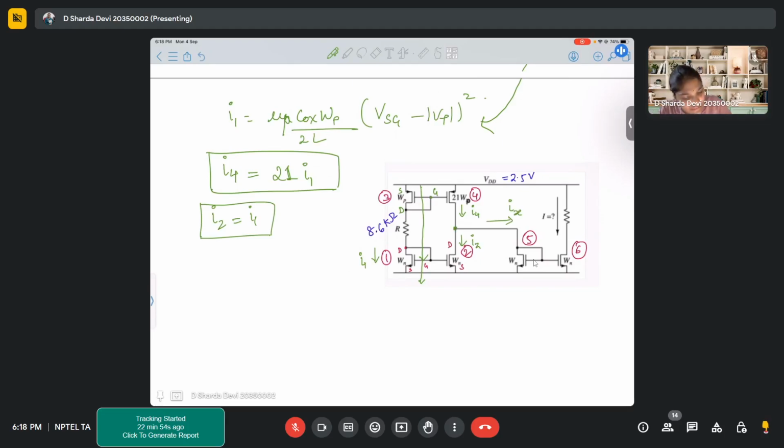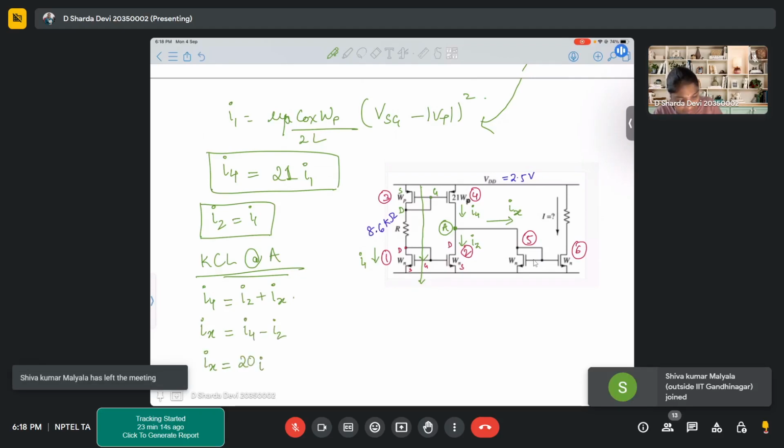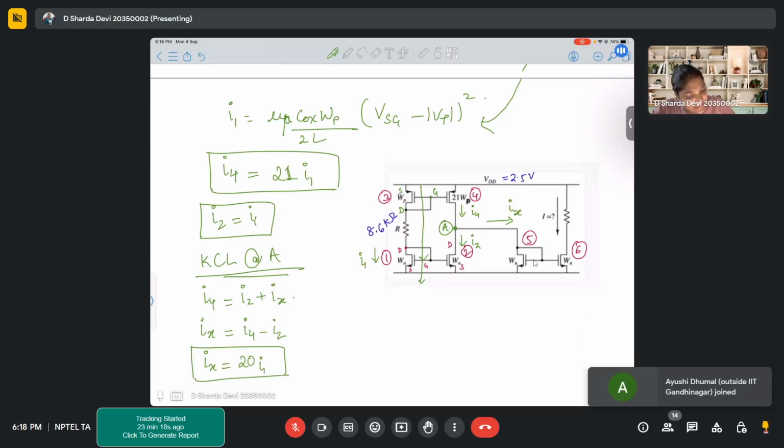So applying KCL at node A, I4 equals I2 plus Ix. Ix is I4 minus I2. So Ix is 20 I1, 20 times of I1. Correct.